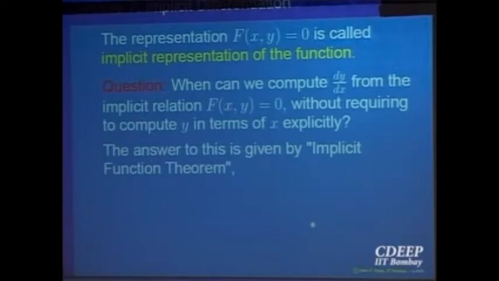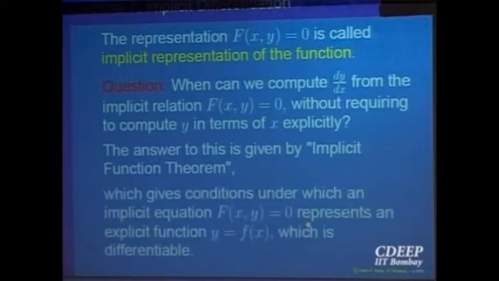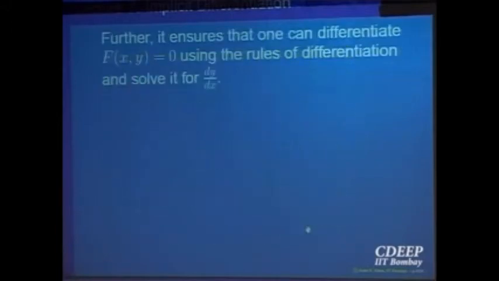So we will do it when we come to functions of two variables. This theorem tells you when an implicit equation f(x, y) equal to 0 will represent y as a function of x, and when you can find dy by dx. So that we will do later on.